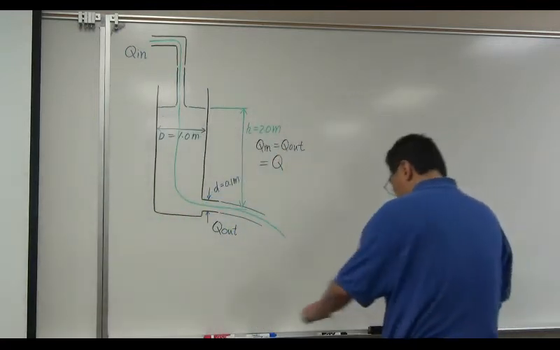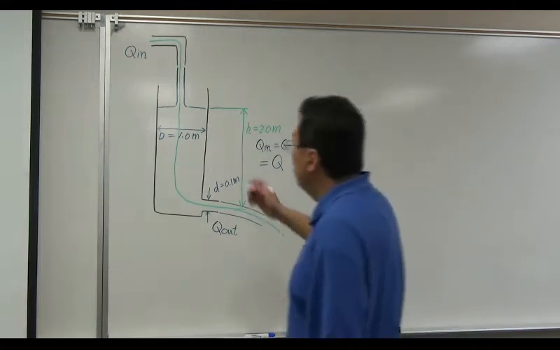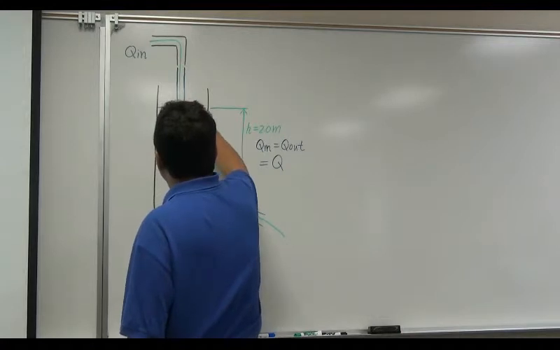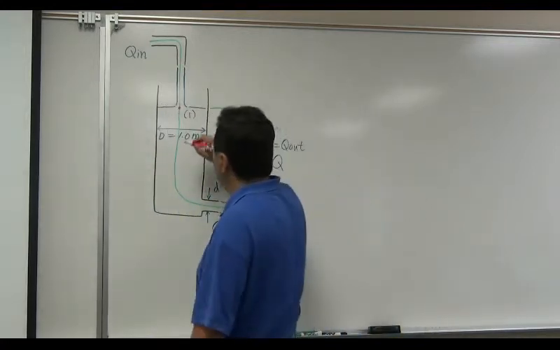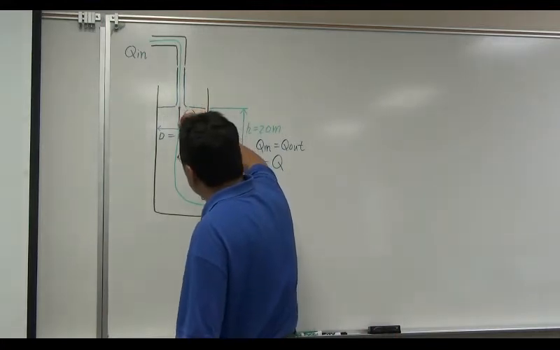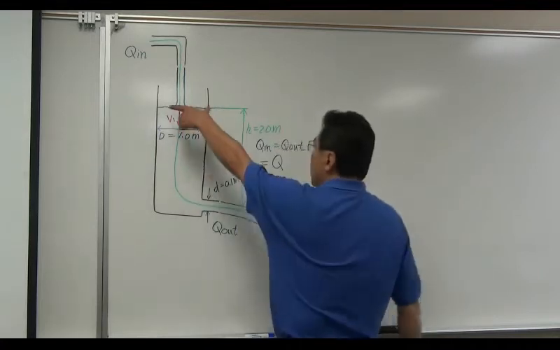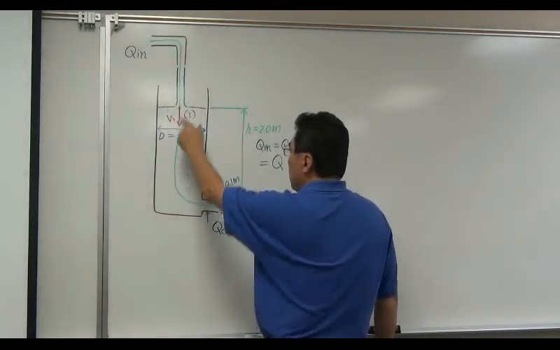Okay? Then I'm going to define location 1 right here. Okay? So location 1 comes with velocity v1. Cross-section here is, of course, pi over 4 times diameter D, 1 meter, squared.